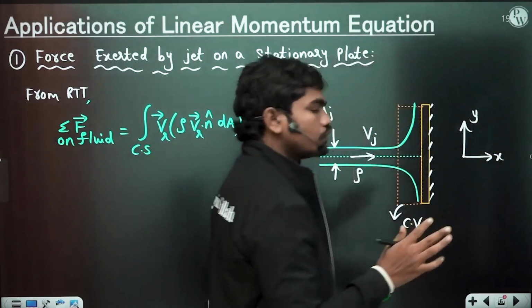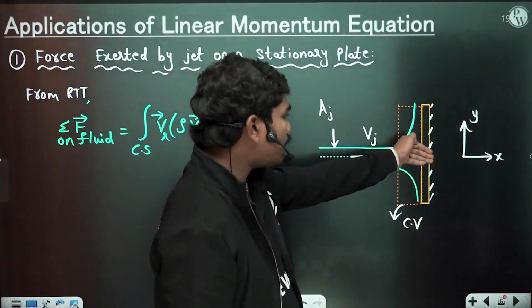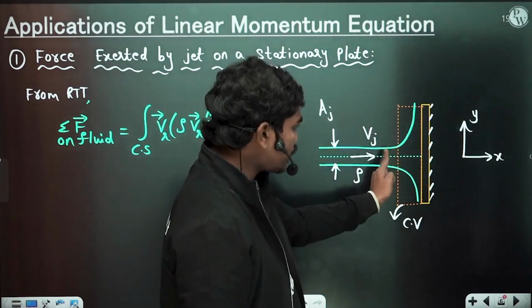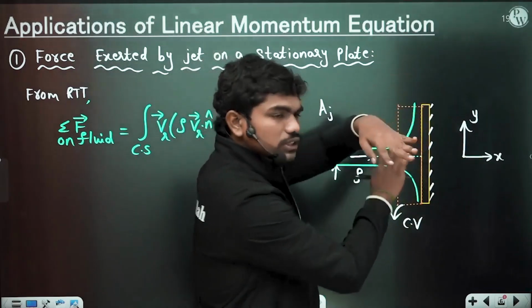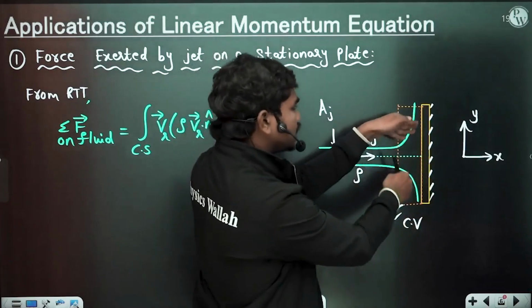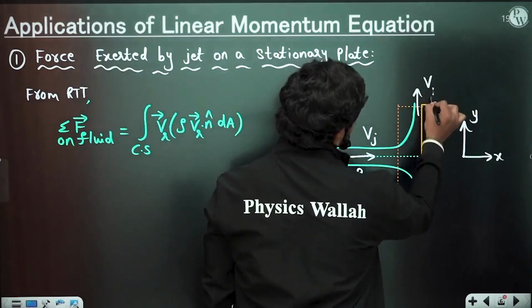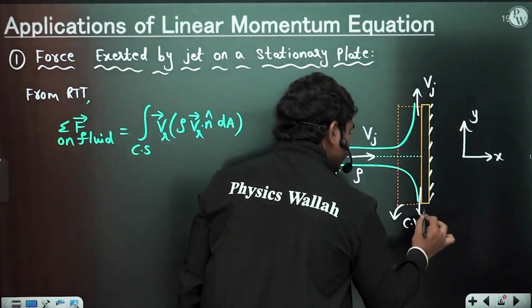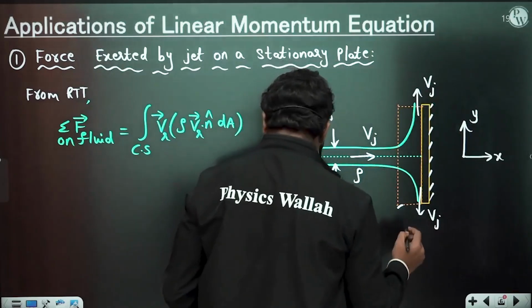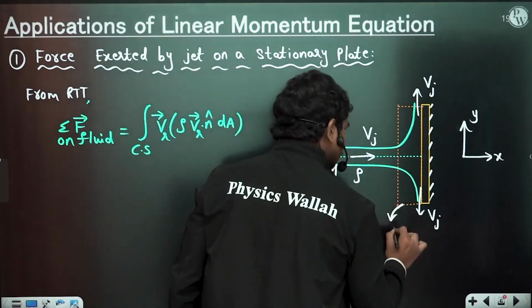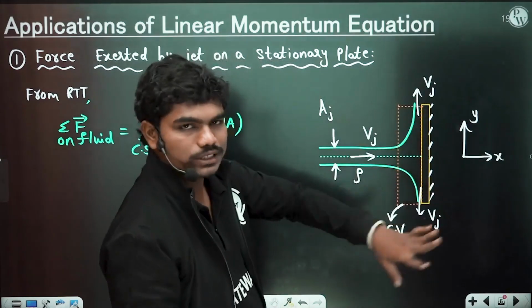Then it's obvious the force exerted by the fluid on the plate is in the x direction, correct? If the fluid impacts the plate, the force is in the x direction. In the y direction there is no friction, nothing, so the jet is smoothly sliding along the plate and coming out at uniform velocity Vj. Simple as it is.